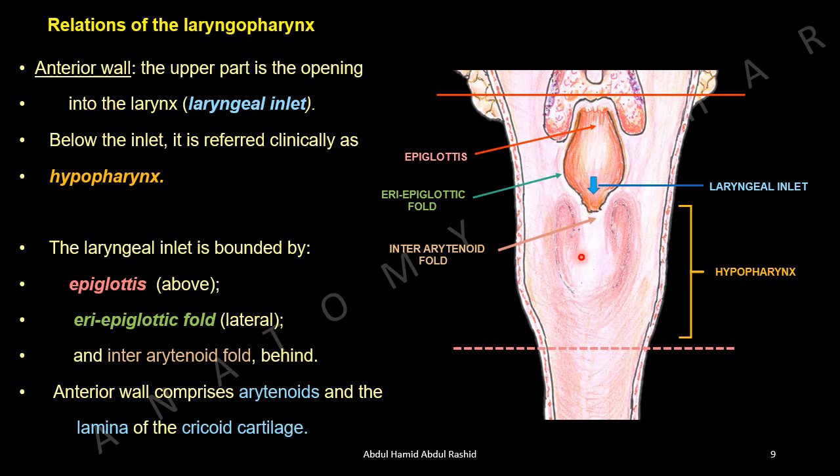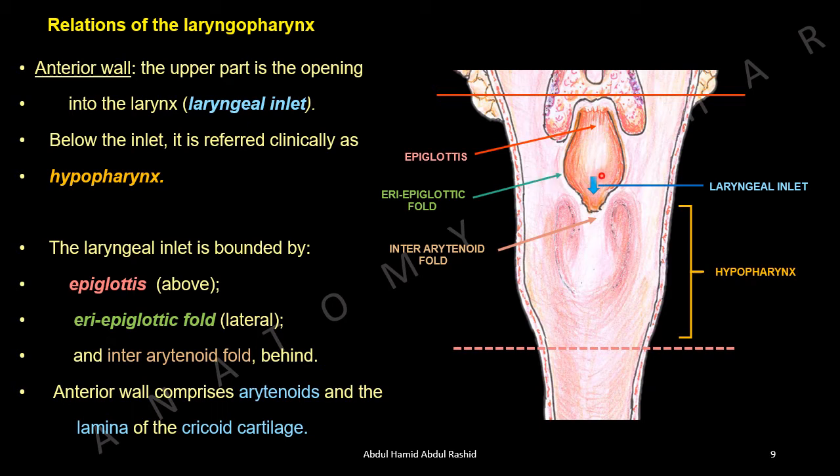The laryngeal inlet is bounded above by the epiglottis, laterally by the aryepiglottic fold, and posteriorly by the interarytenoid folds. Anterior wall comprises arytenoideus and the lamina of the cricoid cartilage.